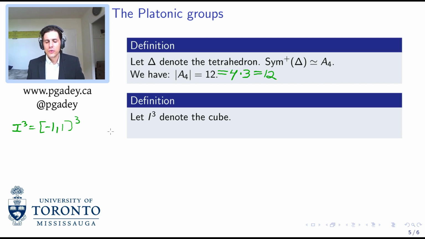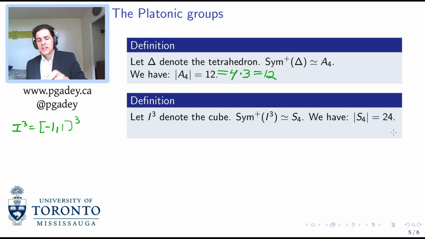Okay, the rotational symmetries of the cube are isomorphic to the group S4, so all the permutations of 4 objects, and we have that S4 has size 24. So one way to think of this is that the cube has a total of 6 faces, and each of those 6 faces comes with 4 rotations associated with it. Okay, so again, this is a heuristic on how to remember that.